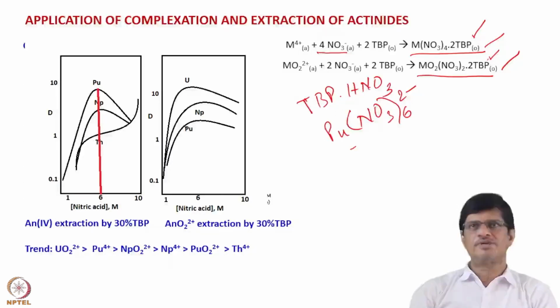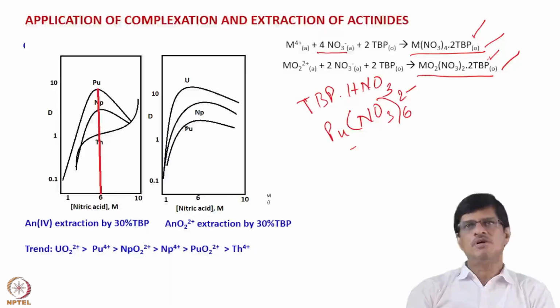On the other hand, for the tetravalent metal ion, we have 4 nitrates. So the nitrate ions are more favorably partitioned into the aqueous phase. That is the reason why this M(NO3)4·2TBP species is partitioned less towards the organic phase compared to the MO2(NO3)2·2TBP species.